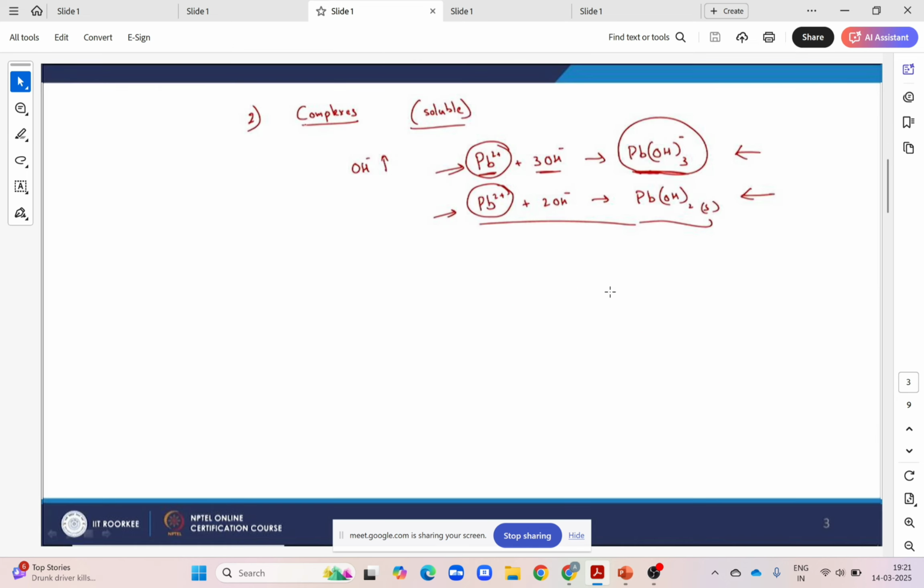The next reaction is complexation. Lead can react with ligands like hydroxide or chloride and form different complexes, and these complexes are generally soluble and can contribute to pollutants in the water.